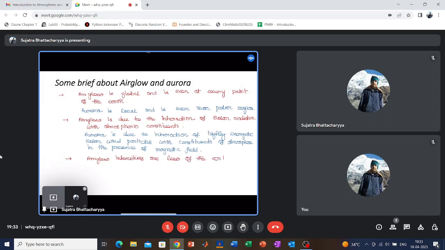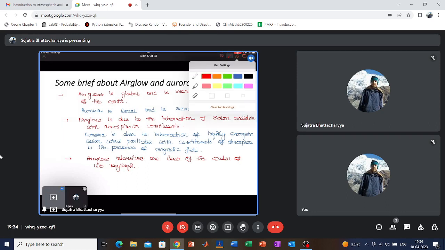Rayleigh is a unit which tells us how many photons there are per second per centimeter square, so it is a kind of intensity. Just check what the value of this Rayleigh is, which is easily available on the internet. I am not writing it right now. This may be one of the questions.